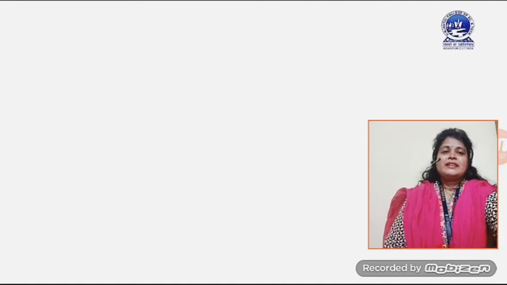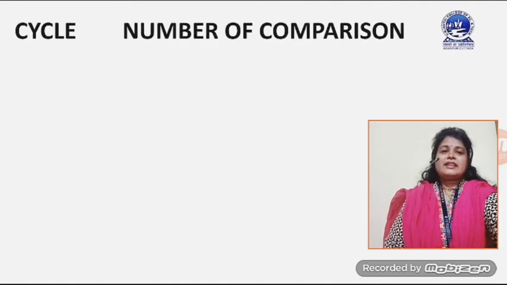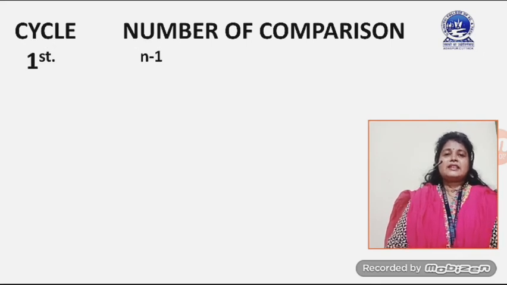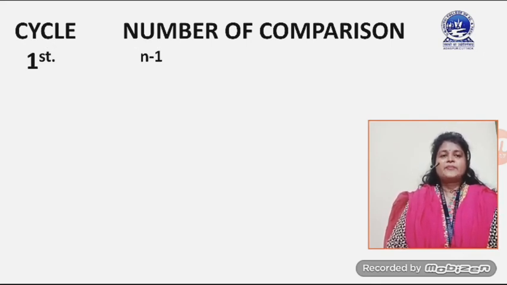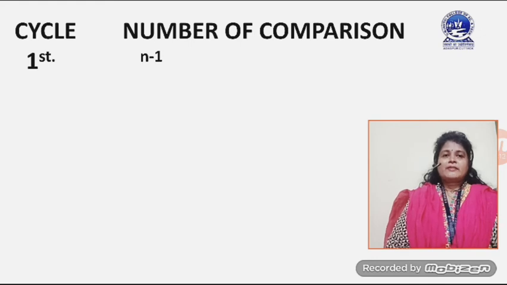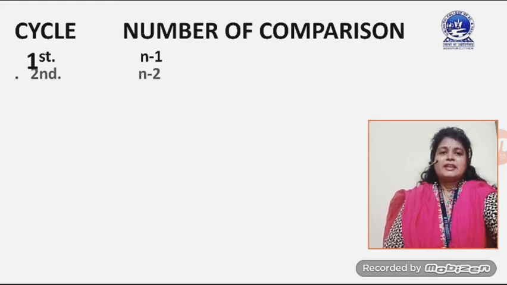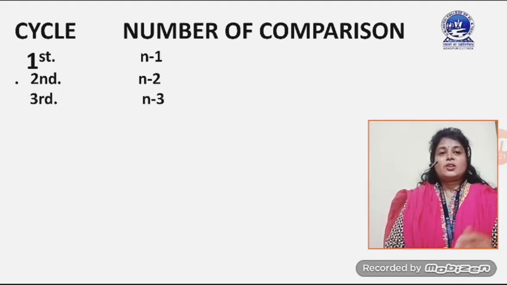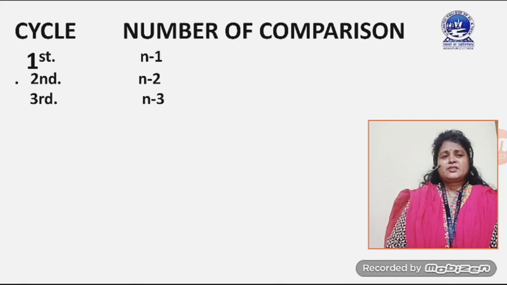Now I have represented here in tabular format the number of comparisons according to each cycle. It means that in the first iteration, we have to compare n minus 1 times. Then in the second iteration, n minus 2 times.